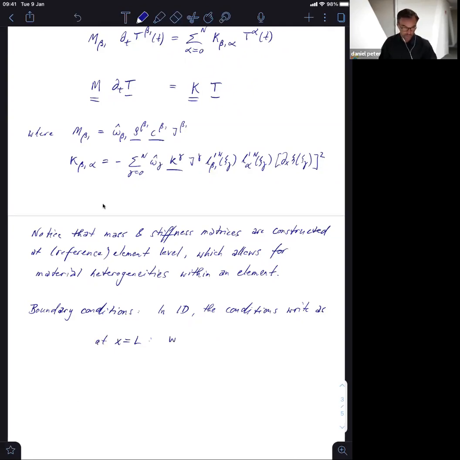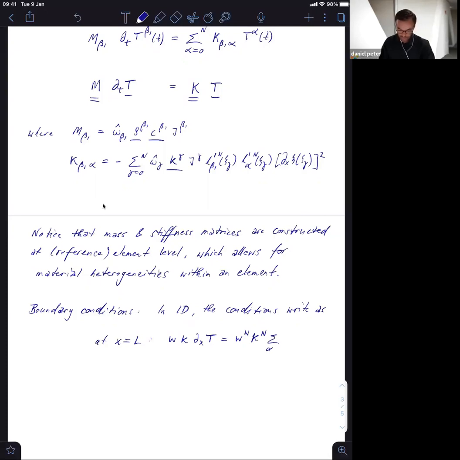Then we have this term W kappa, the derivative of T, which would be the test function coefficient at n, assuming that n is the GLL point at the boundary L, times capacity, and now we have to keep for the derivative these summations.